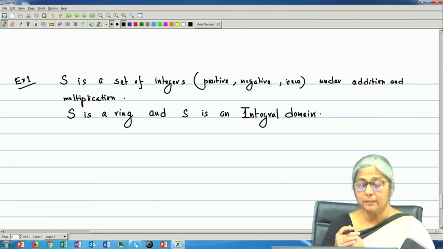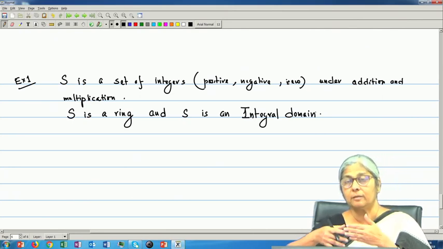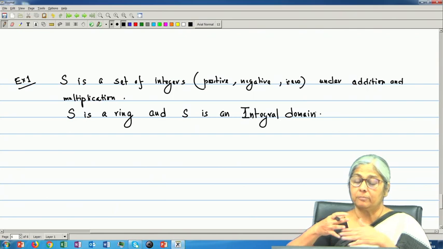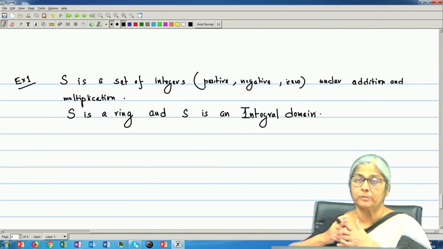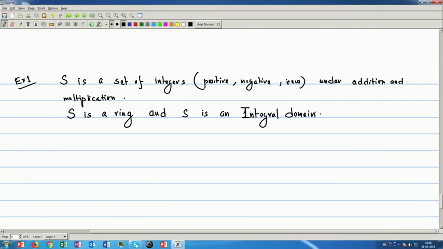And then, over the ring, we considered some additional properties with respect to the other binary operation: commutativity, the multiplicative identity and no zero divisors, making another algebraic system, a variant of ring, which we call an integral domain.